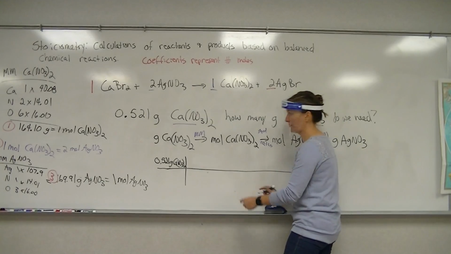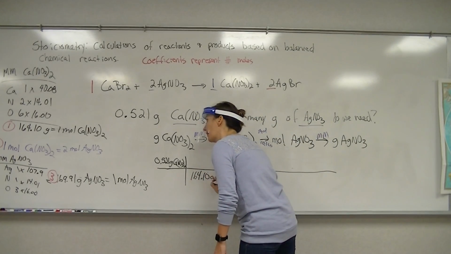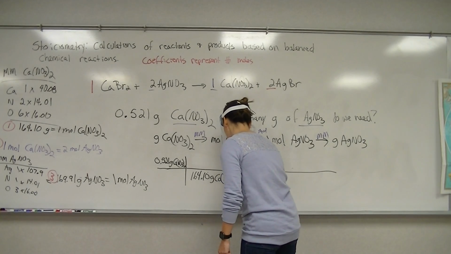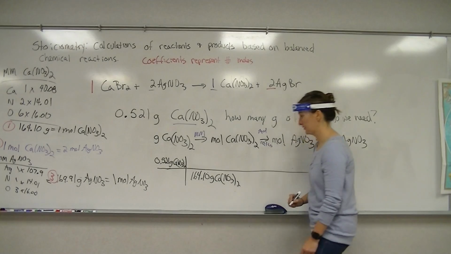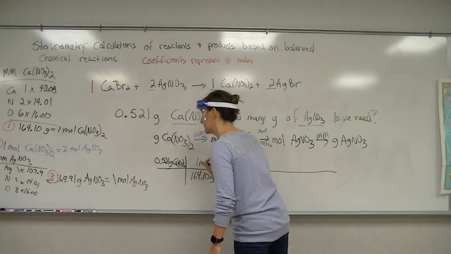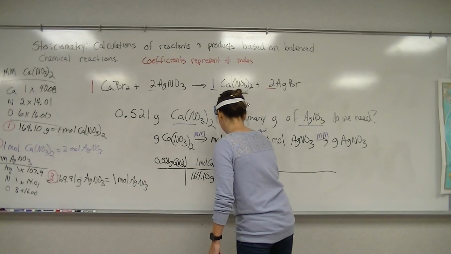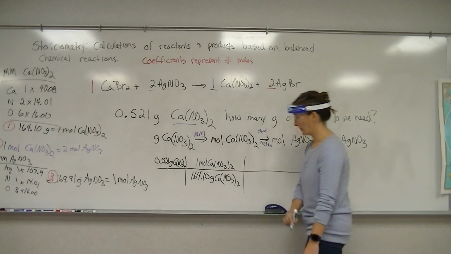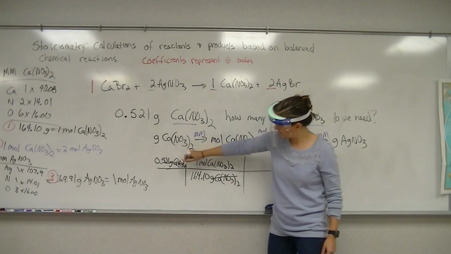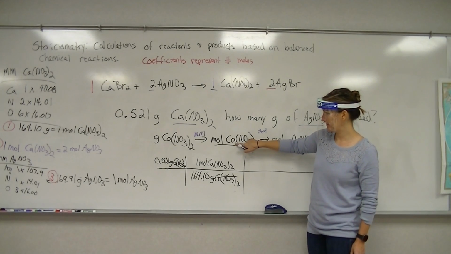Trying to cancel out grams, so we want to put 164.10 grams on the bottom, and then the 1 mole will go on the top. All right, so grams cancels. Now I have moles of calcium nitrate.